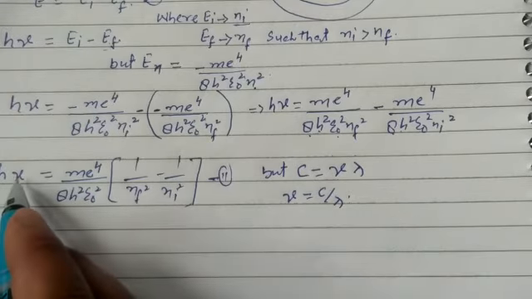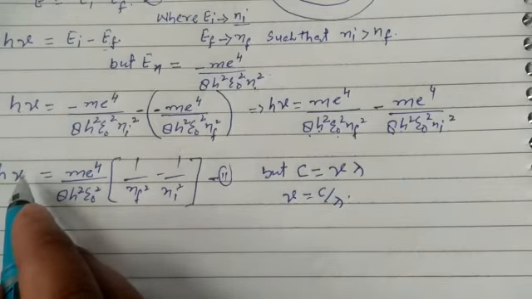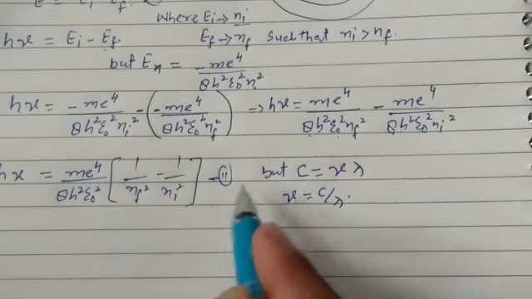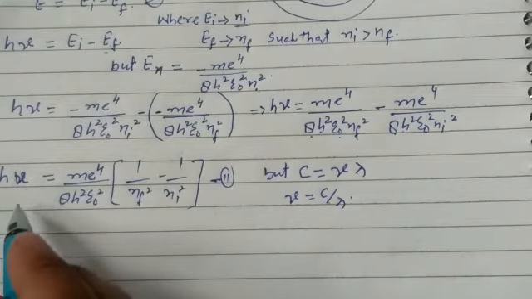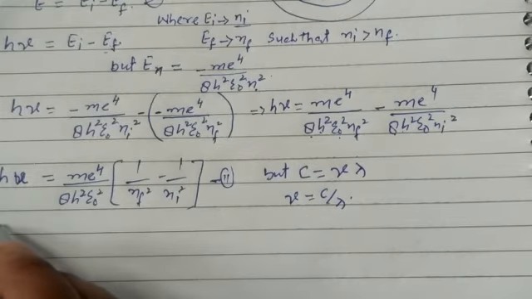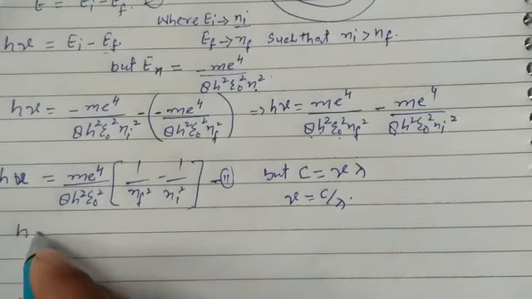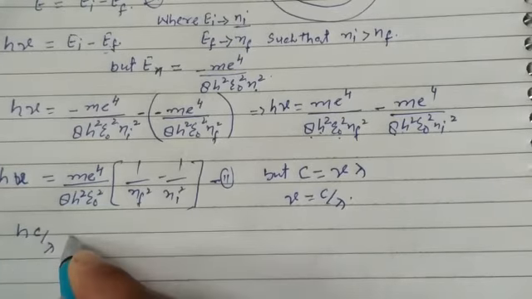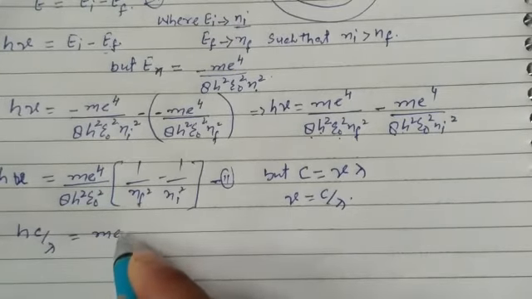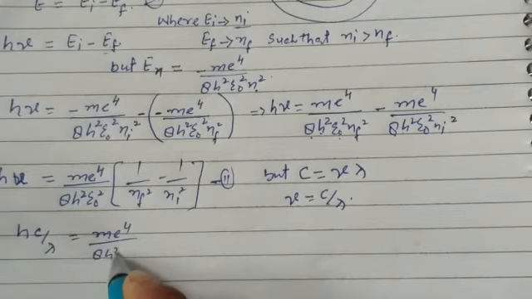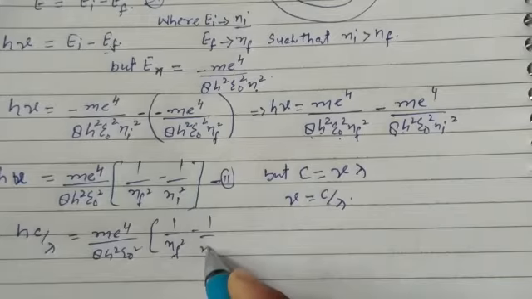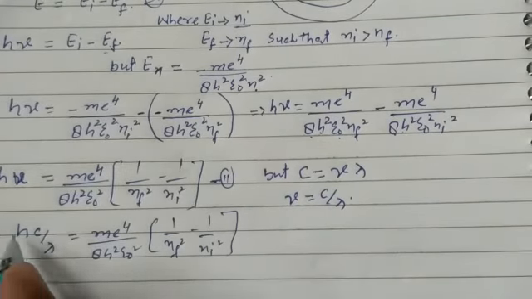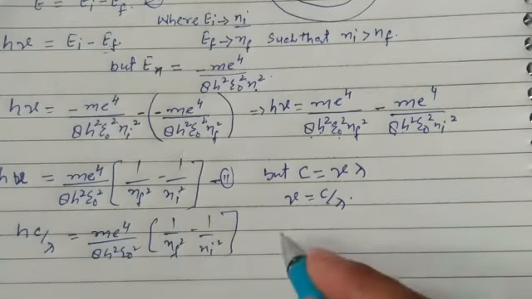Replacing nu by c over lambda, we have h c over lambda equals to m e to the power 4 over 8 h square epsilon naught square, times 1 over nf square minus 1 over ni square.